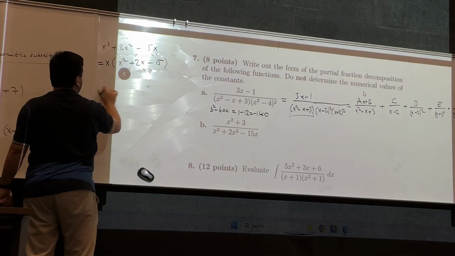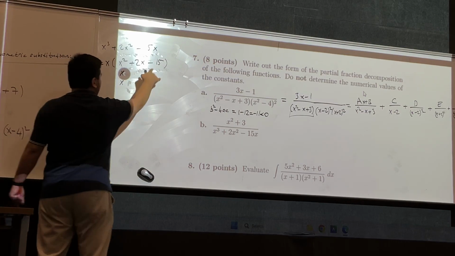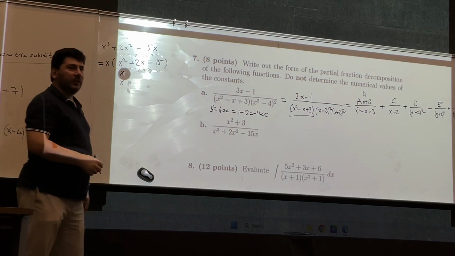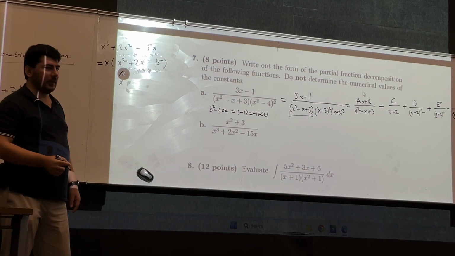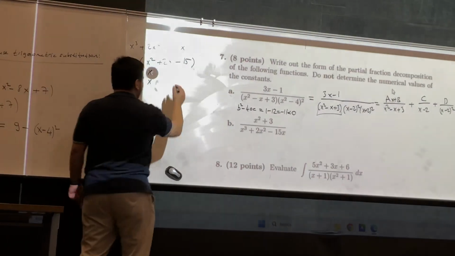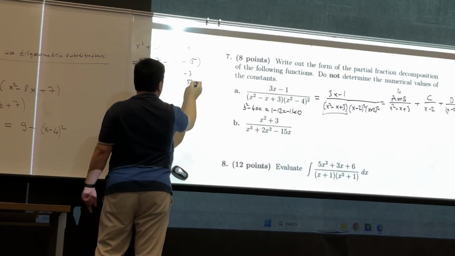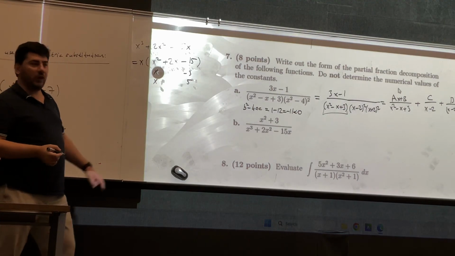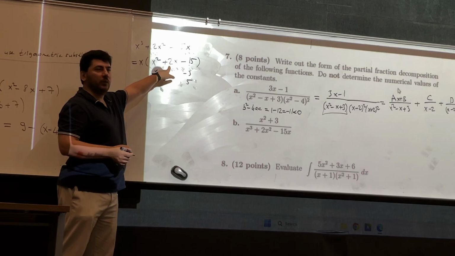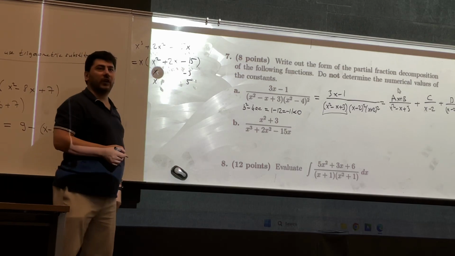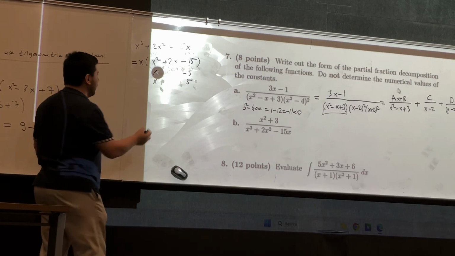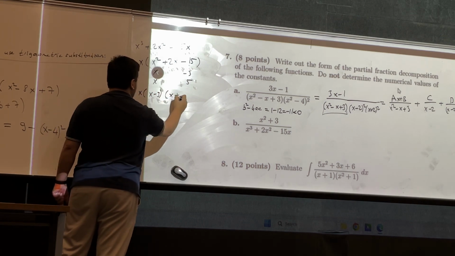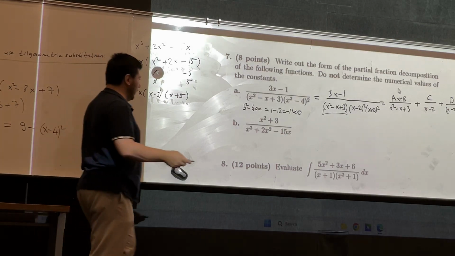So basically, I'm trying to find two numbers that multiply to negative 15, whose sum is 2. Negative 3 and 5 will do that, right? If you add negative 3 and 5, you get 2. And if you multiply them, you get negative 15. So this will do. This means this is x minus 3, x plus 5.